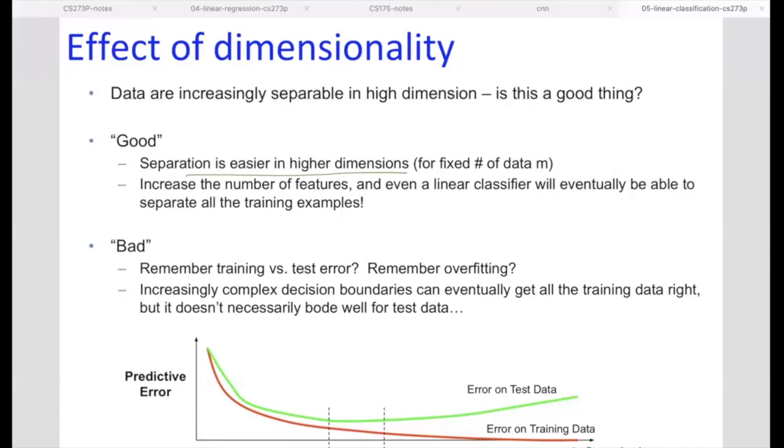However, now the question is, is this always a good choice or not? So now you have to go back to the things we talked about. It's always the predictive error as a function of the complexity. When you increase more features, you increase the complexity of the model. And as a result, your training error will reduce.